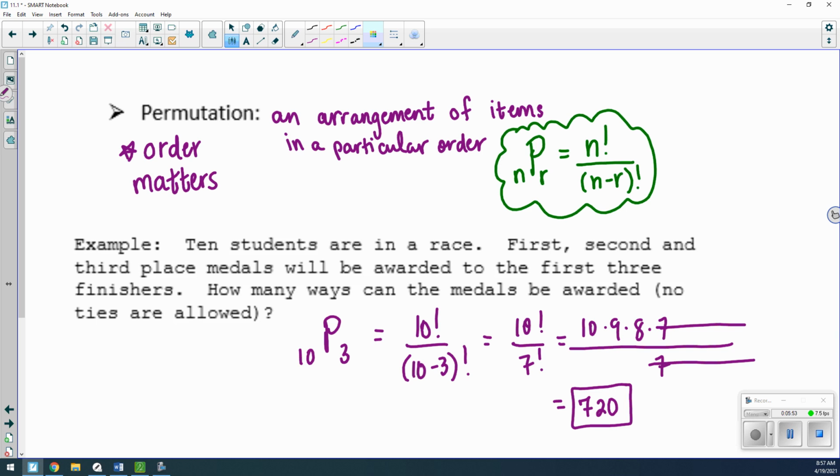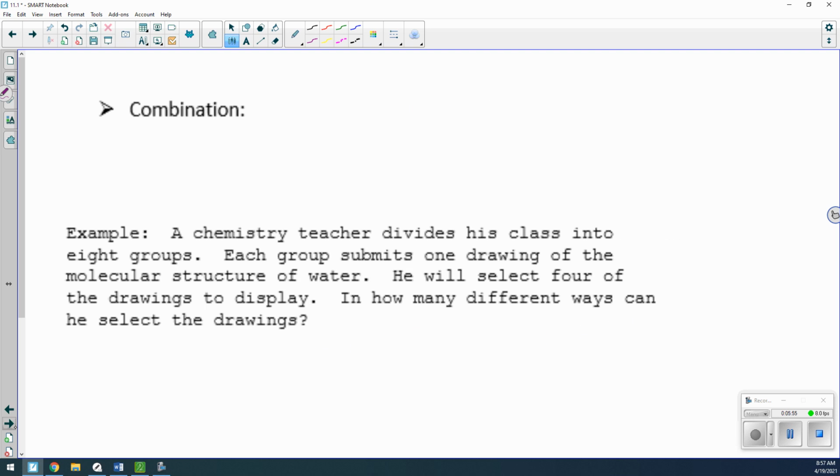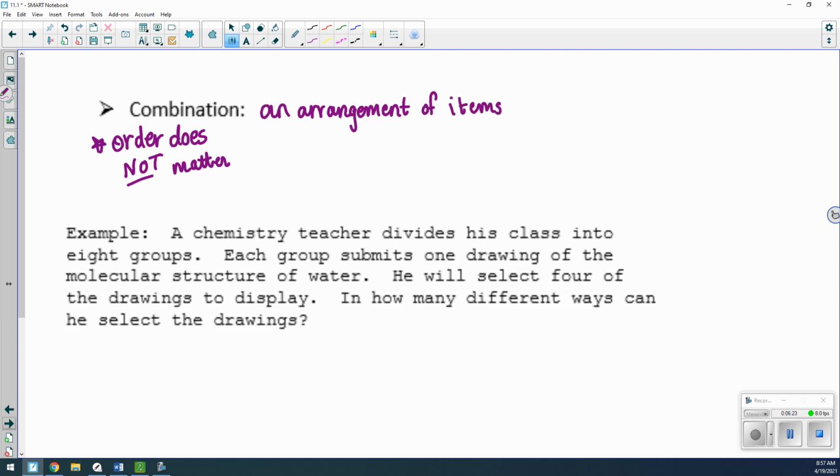Next up is combination. On the next page, with combinations, order doesn't matter. So when you're finding a combination, this is just an arrangement of items where the order does not matter.